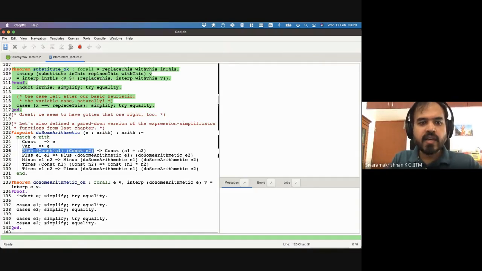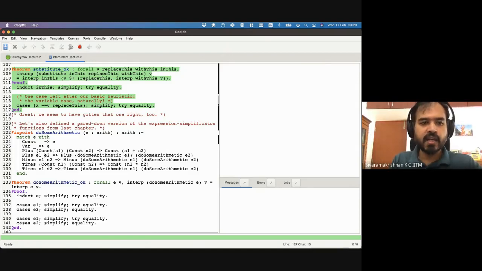Earlier, we checked for 0, and if it was 0, we gave whatever the expression was on the right-hand side, and similarly for the other case. But here we only have one specialized case for plus, which is if both of the plus's arguments are constants, then we return a constant value. We actually do the addition at compile time is what you should think about when you see this.